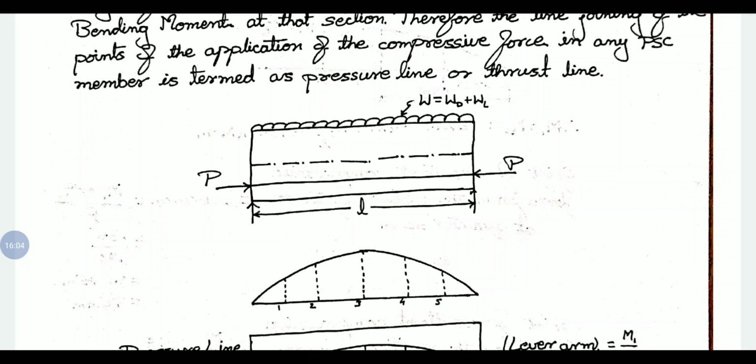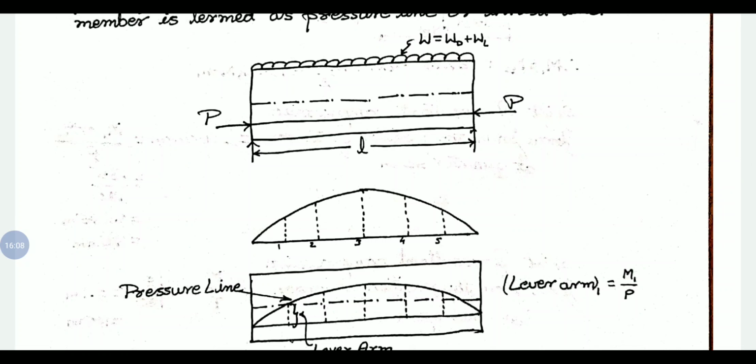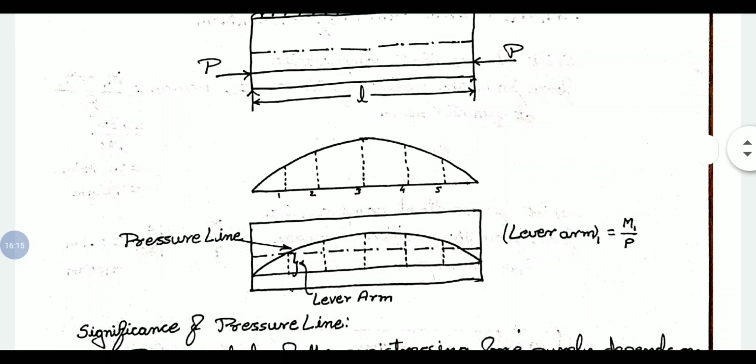We have different points, 1, 2, 3, 4, 5, and at each point we will have different lever arms. So in the third figure you can observe the distance between tendon and the position of compressive force is called lever arm, and the curve indicated above the tendon level is called the pressure line.